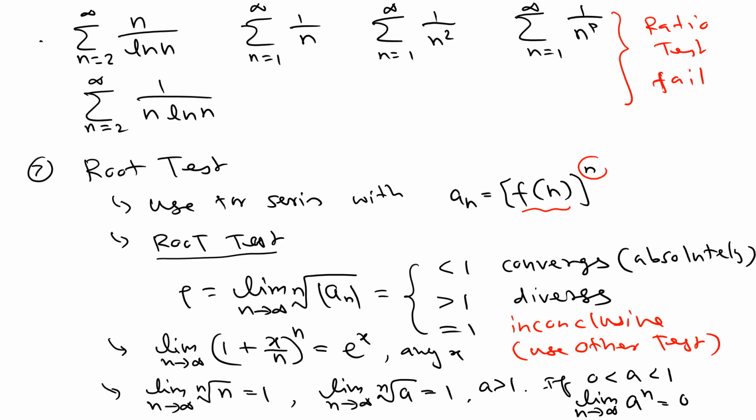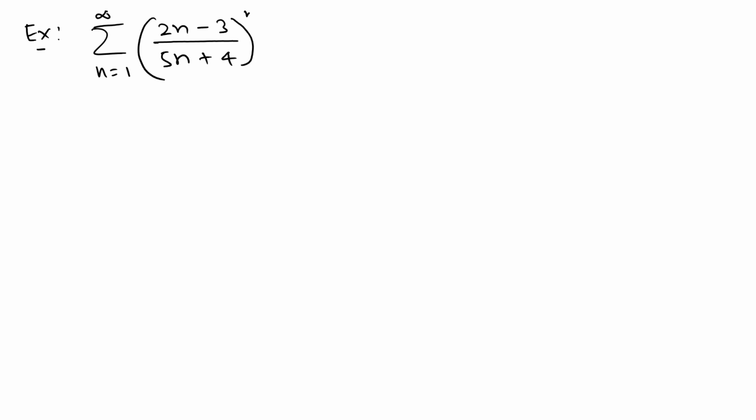And these are the problems that you can try using the root test. So let's exercise. These are the typical examples. So let's say the sum from n equals 1 to infinity of (2n plus 3 over 5n plus 4) to the nth power.